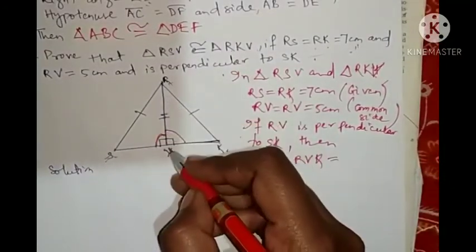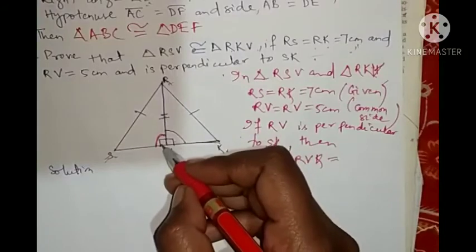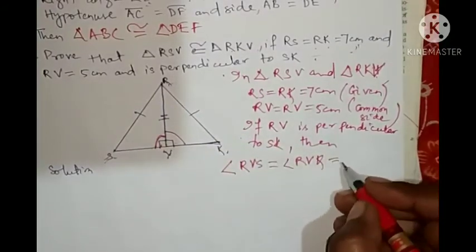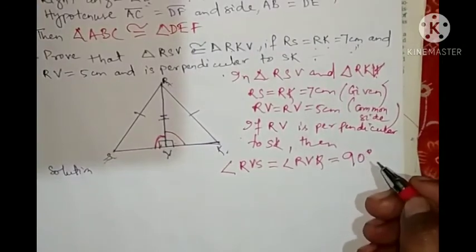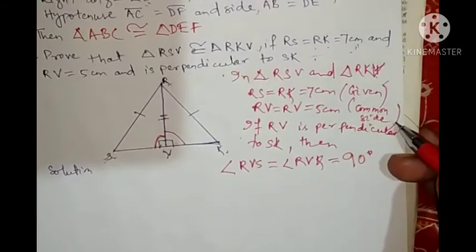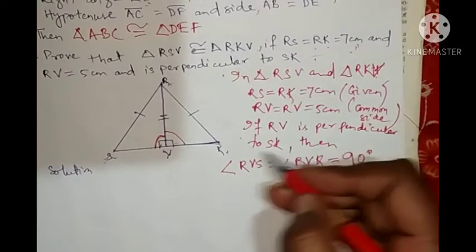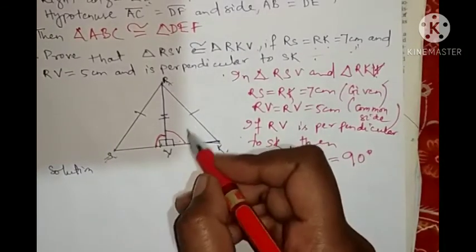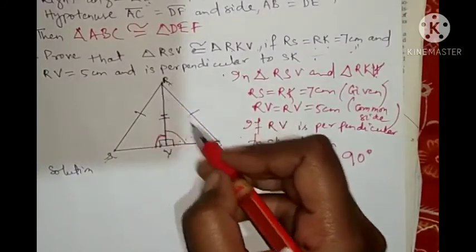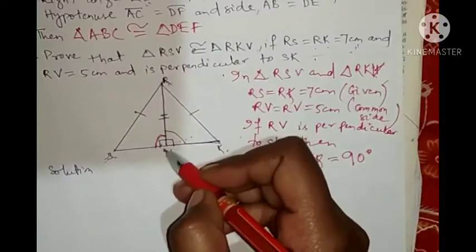When there is a perpendicular, it will form 90 degrees to the base. So this is 90 degrees. So due to the RHS rule, we have one right angle, one hypotenuse, and one side equal.